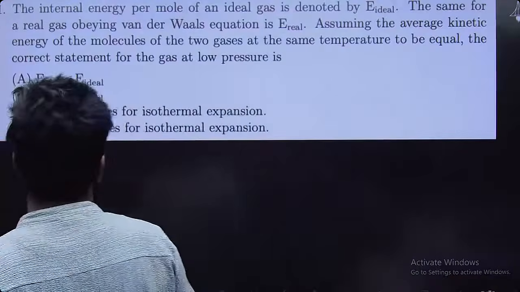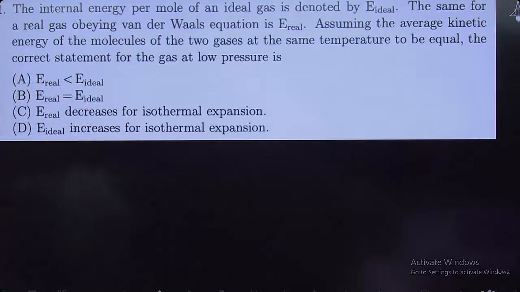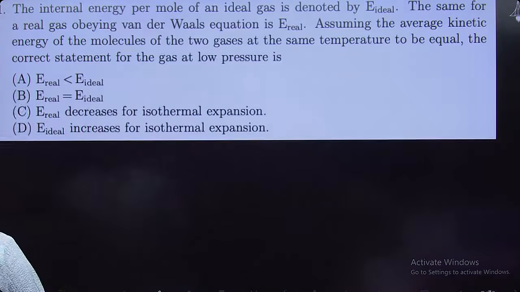The internal energy per mole of an ideal gas is denoted by E ideal, and for the real gas, obeying the van der Waals gas equation, it is denoted as E real.